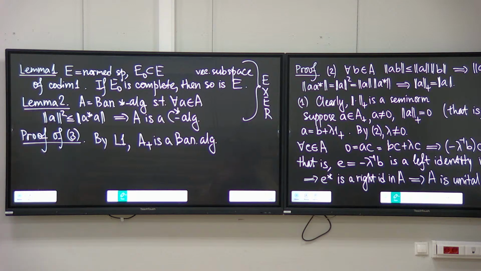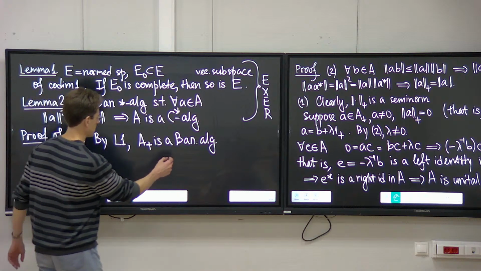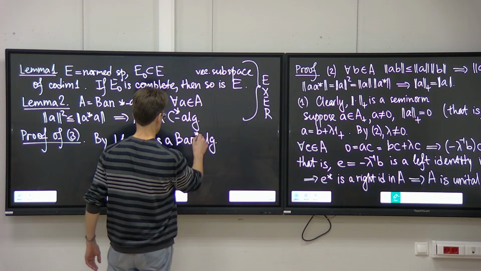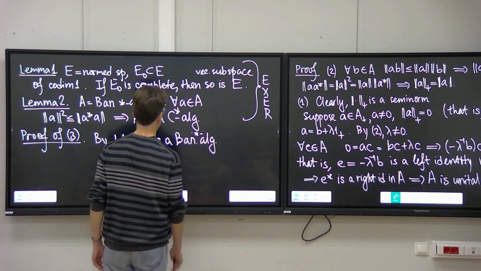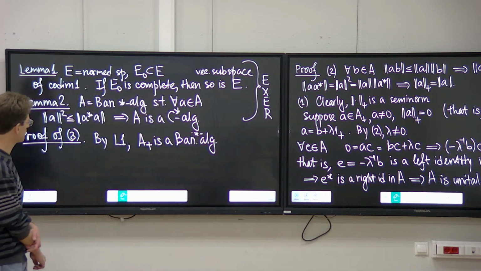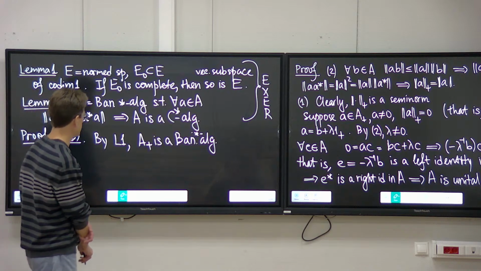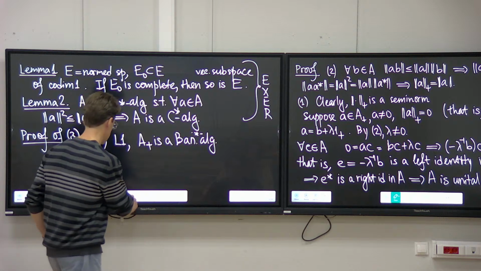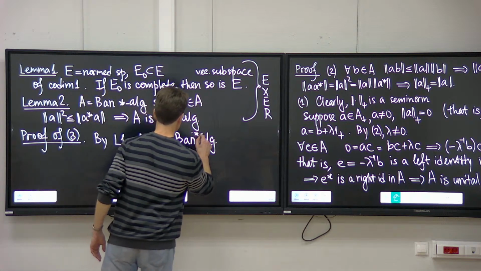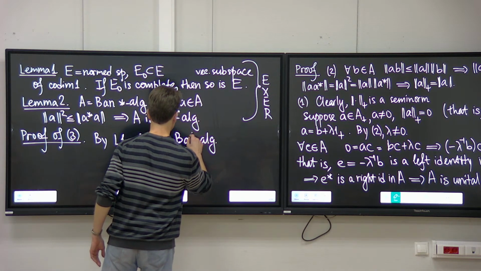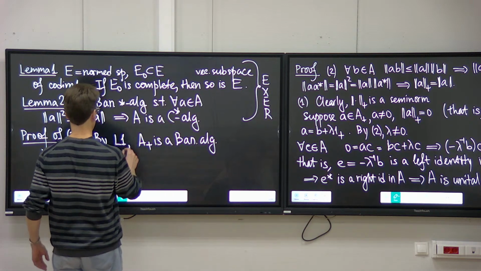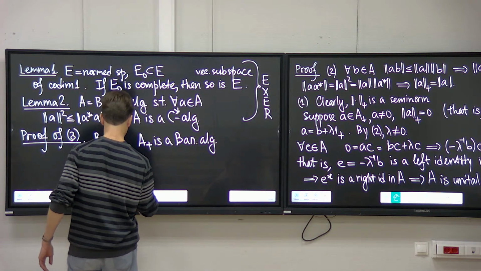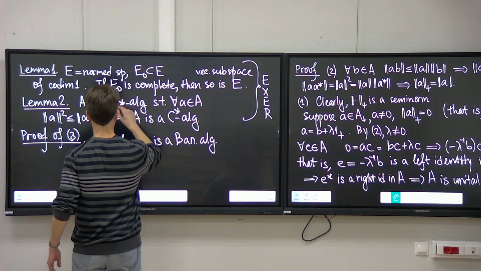And to prove that it is a C-star algebra, actually it's a Banach star algebra, because the involution is, sorry. Actually, we can prove that the involution is isometric directly, but the easiest way is to modify slightly lemma 2. Now let's modify it as follows.